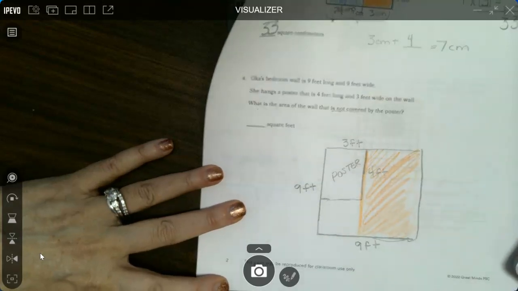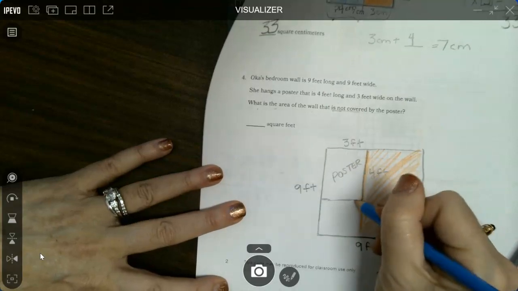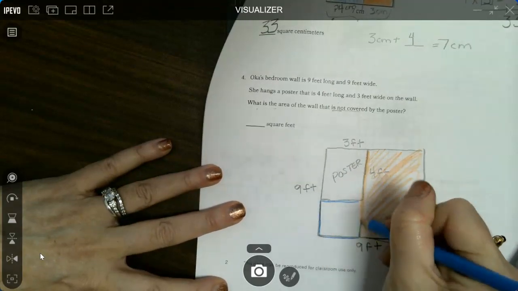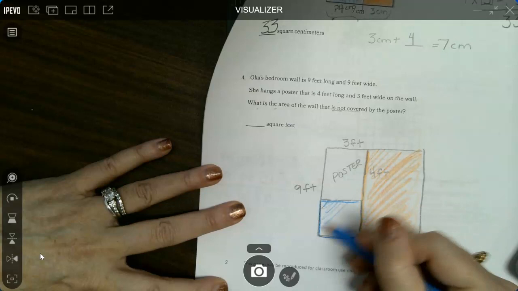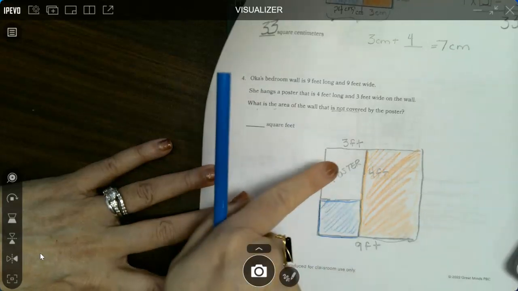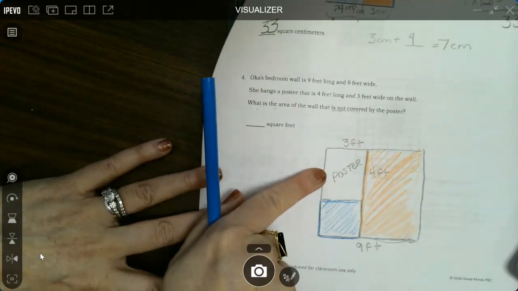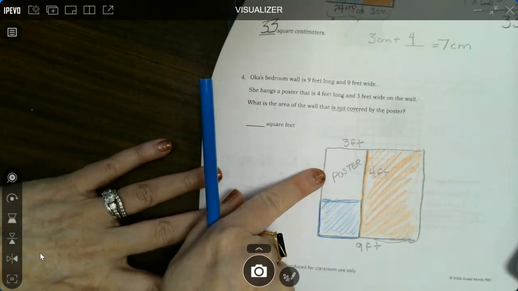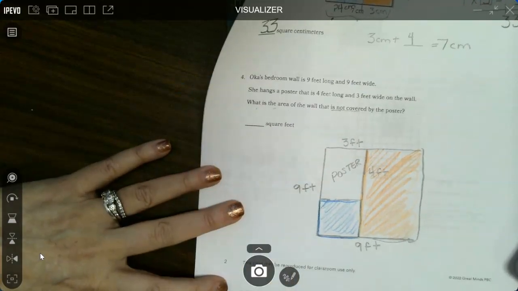And I'm going to make a portion of her wall that is left. I'm not counting this area because they have not asked me to find the area of that part of the wall. They only want the part not covered by the poster.